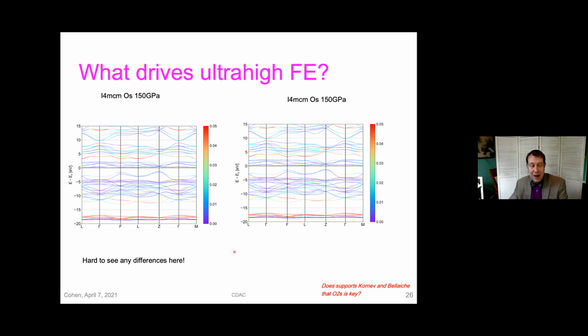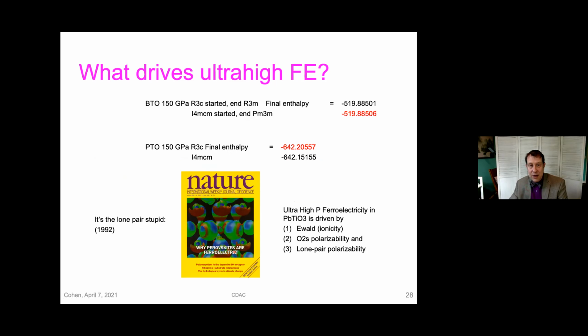The other thing I tested just today, in fact, was looking at barium titanate at the same conditions, and now we see something. If you start with this tetragonal I4/mcm structure, it actually converges to cubic perovskite at 150 GPa.